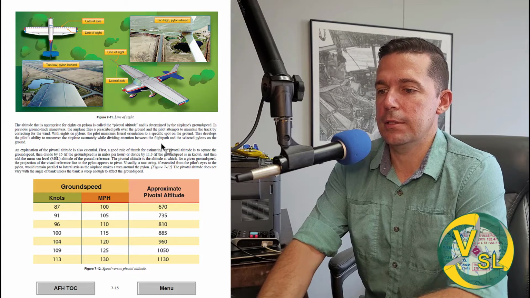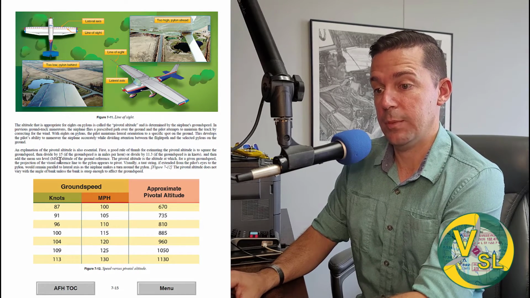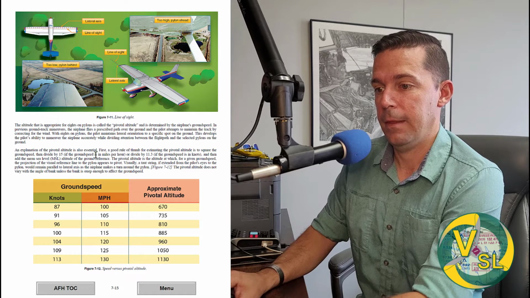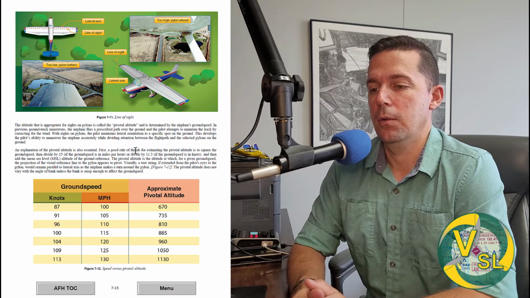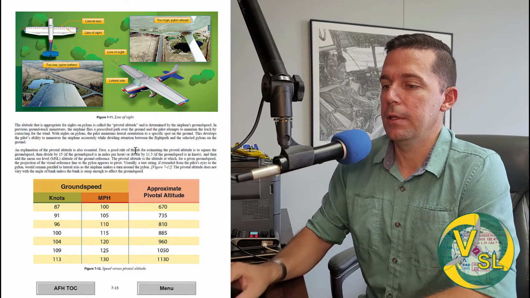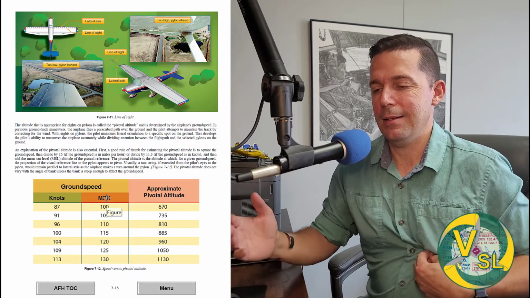Let's see, right here. Yeah, square of the ground speed, then divide by 15, or 11.3, depending on if your ground speed's in knots or miles per hour. So it gives you some common airspeeds here.